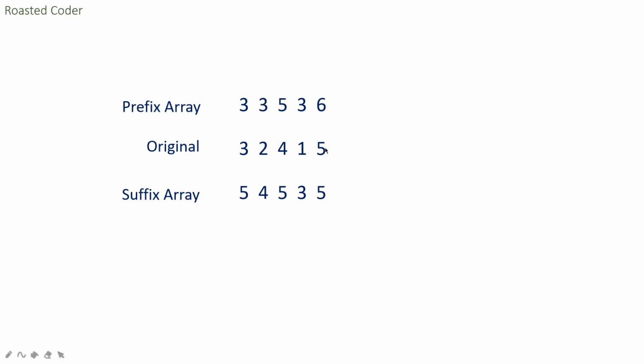So from this index, net value from right is 6 minus 5, that is 1, and net value from left is 5 minus 5, that is 0. So we'll add total net value to this number and it will become 6. And again for this index, net value from left is 2, that is 3 minus 1, and net value from right is again 2, 3 minus 1, and then 2 plus 2 will be 4, and we'll add 4 to this number and it will become 5.